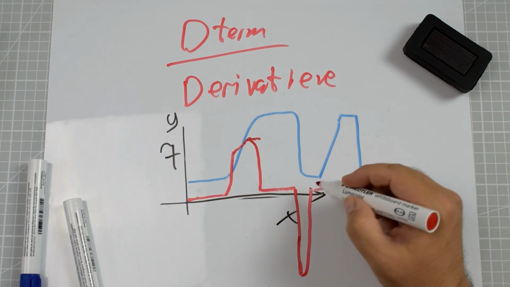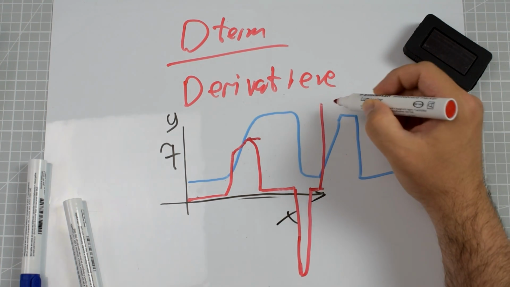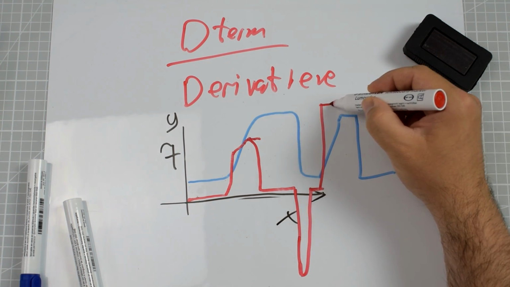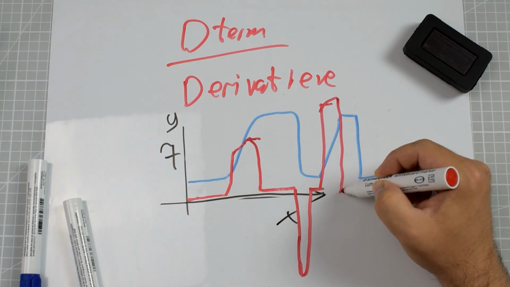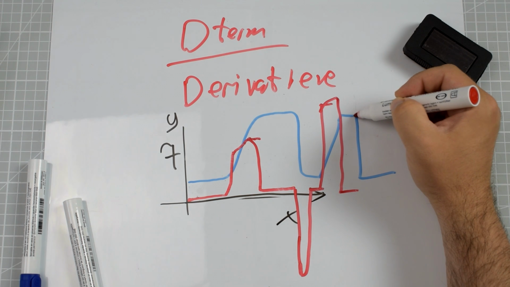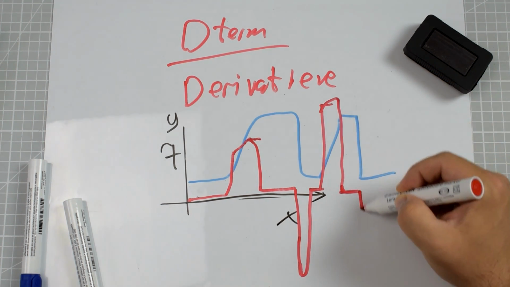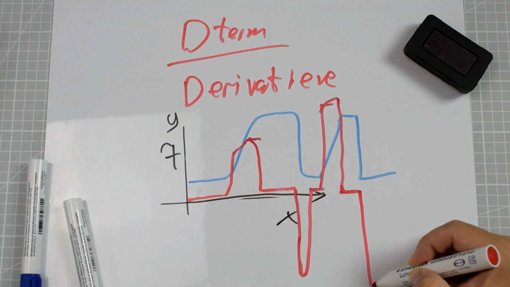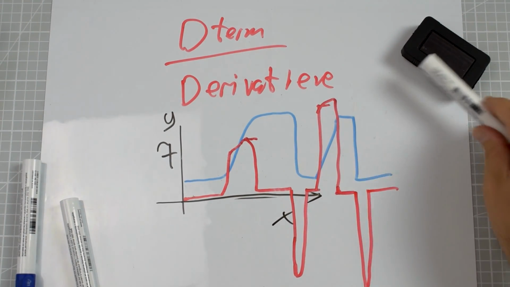Here it would grow once again to 0 for this leg. Here once again it would go pretty high. Then over here it would drop again to 0. Here, because the signal is constant, it would be held at 0, and here it would once again drop very rapidly, go high and be kept at 0 again.